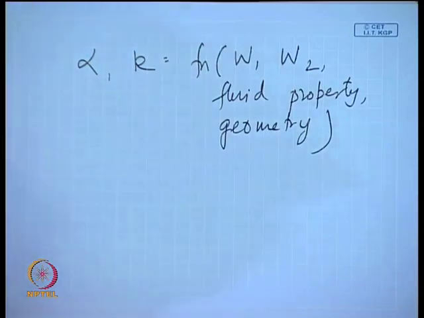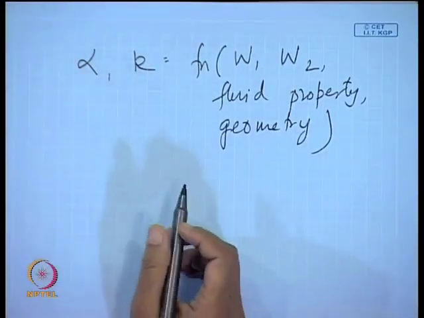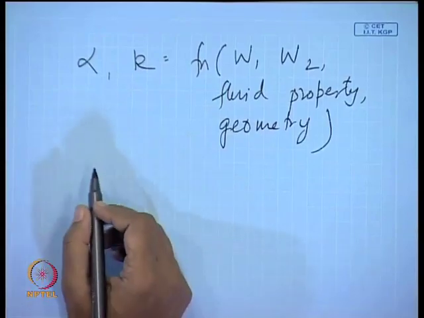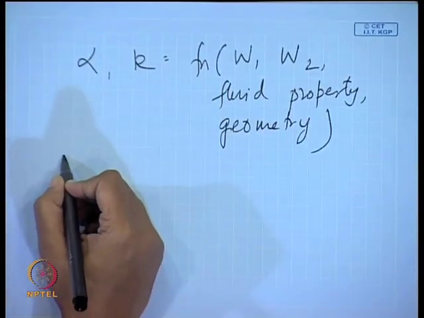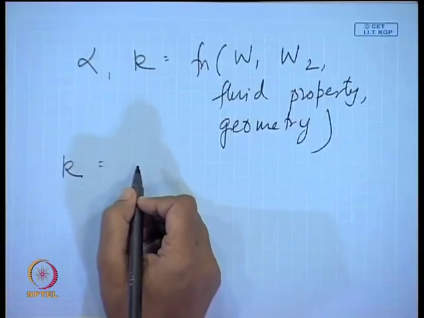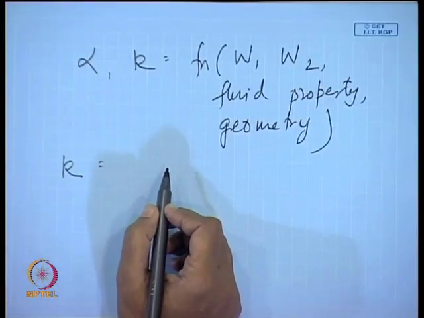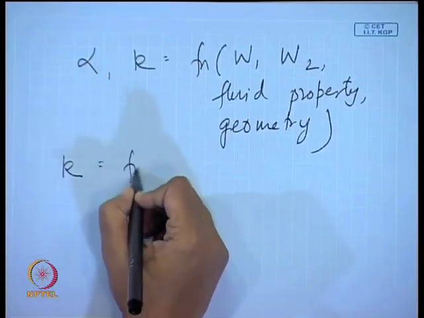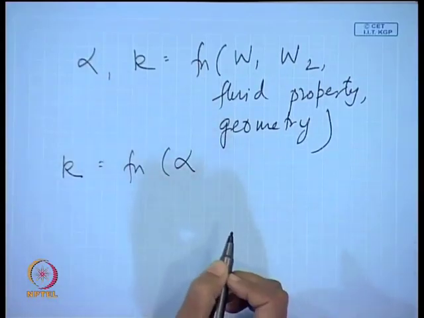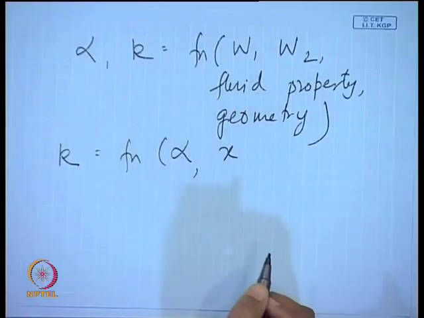So, I would be ending here. In the next class, we will be finding out a relationship between K and the other measurable and non-measurable parameters. K arises due to the difference in the in situ velocities, so K should be a function of alpha. When we have phase transitions, then X should also come in.